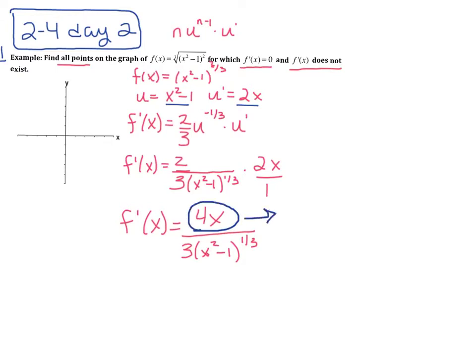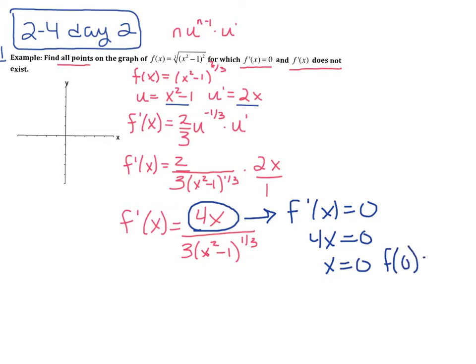So to determine f prime of x equals 0, I'm going to take the numerator, set it equal to 0, and I get x equals 0. If I take 0, plug it back into the original equation, I get f of 0 equal to 0. So the point at which it equals 0, or horizontal slope, is 0, 0.